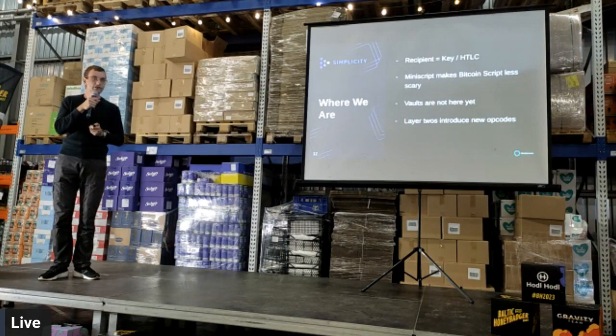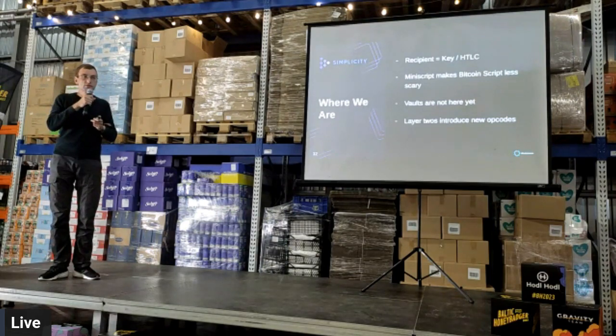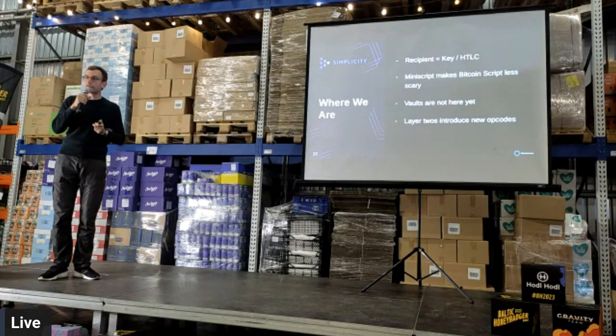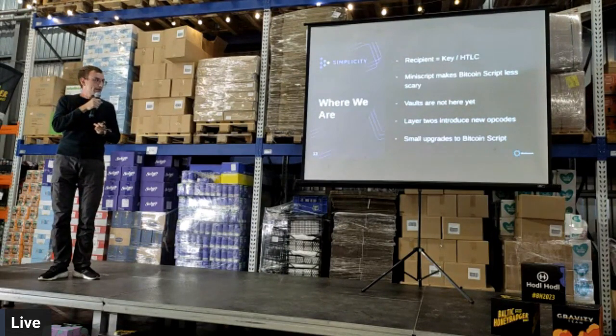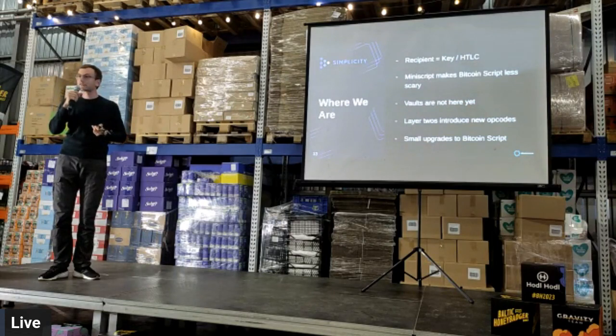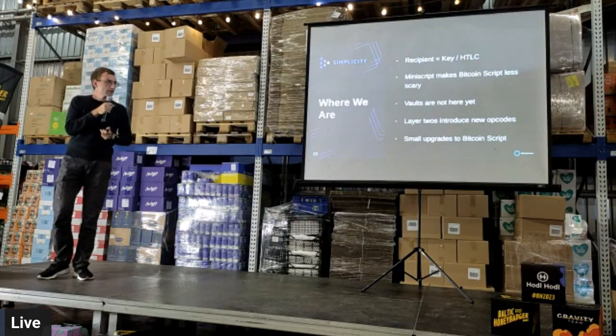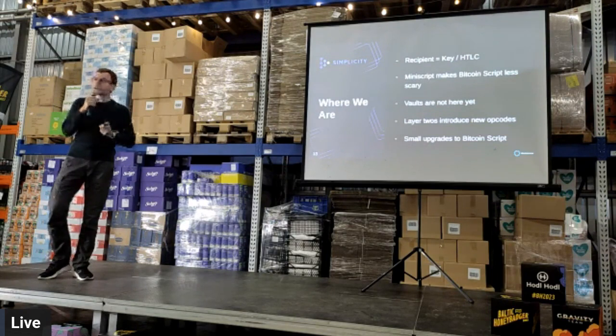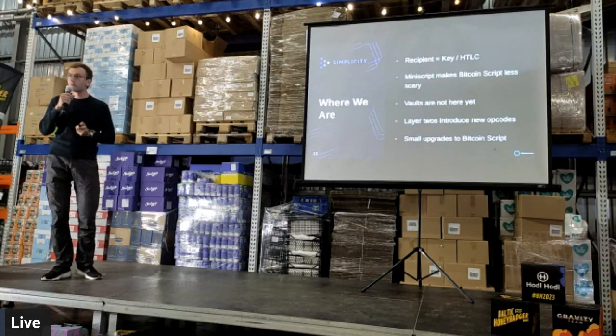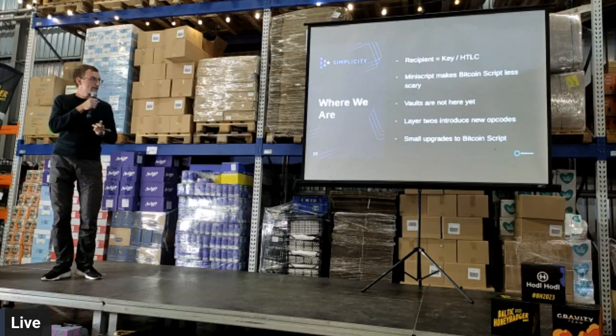So it needs extensions to Bitcoin script either to work completely or to become better. So Bitcoin script is not enough right now. There's a huge demand for extending Bitcoin script. And we also extend Bitcoin script step by step to solve some small problems. Whereas the alternative that we propose here is one big upgrade that solves all of these problems in one go. But this is kind of where we are right now.